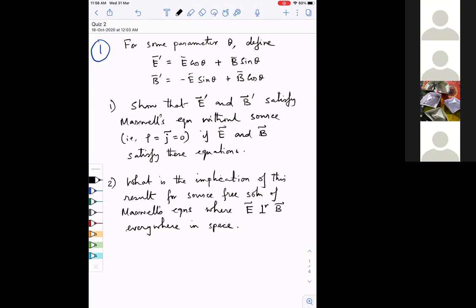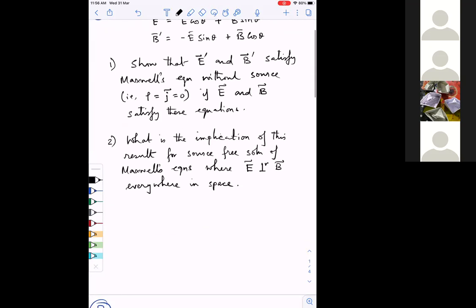You basically have to show that if in one frame the E and B satisfy source-free Maxwell's equations, and it's very important that it is source-free, then in the other frame the E and B also satisfy these Maxwell's equations. And then comment a bit about the implication of this result for source-free Maxwell's equations and E and B being everywhere perpendicular. So that's one problem.